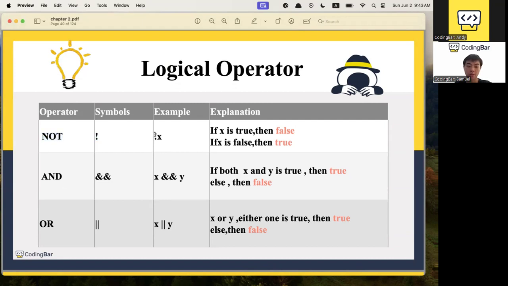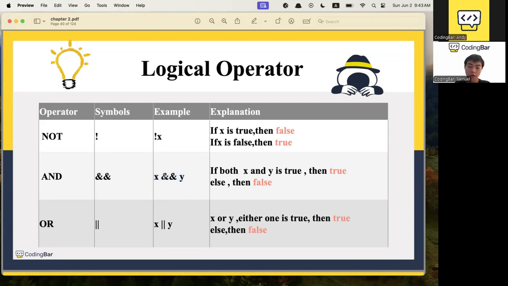If you apply not on true, it will become false. If we apply not in front of a false Boolean value, it will become true. How about AND? Let's say x and y are both Boolean data types. If x and y are true at the same time, then this calculates to true.